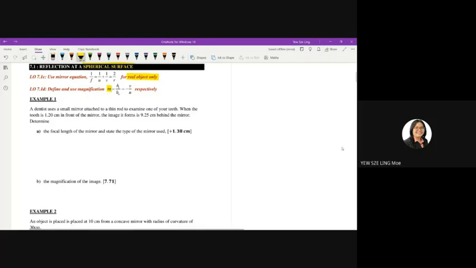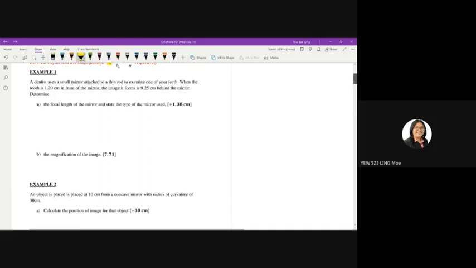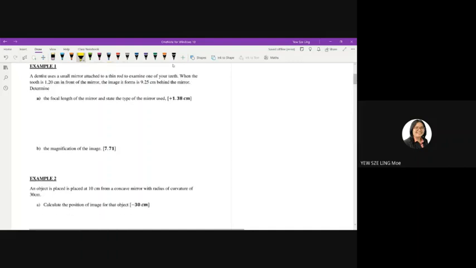All right, now let's look at example 1. A dentist uses a small mirror attached to a thin rod to examine one of your teeth. When the tooth is 1.2 cm in front of the mirror, the image formed is 9.25 cm behind the mirror.